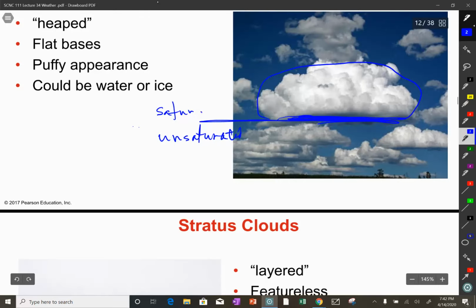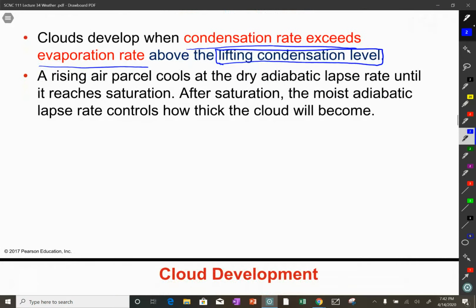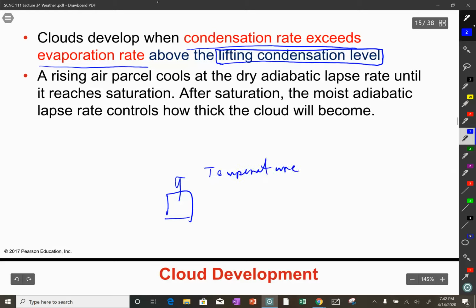Saturated. And so that's the lifting condensation level. So as you have air rising, remember if the air is rising, as it goes up, the temperature is dropping. And if it's dry air, if it doesn't have condensation, then we have the adiabatic level of 10 degrees Celsius per kilometer.